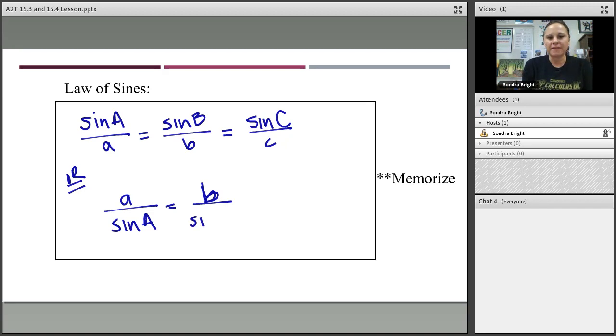Not wrong to write it the other way, you'll just have more work to do. But anyway, all of the sides can be put over sine of the angles. And you've got to memorize those as well. So that is law of sines. You do have to memorize it. And let's do an example.